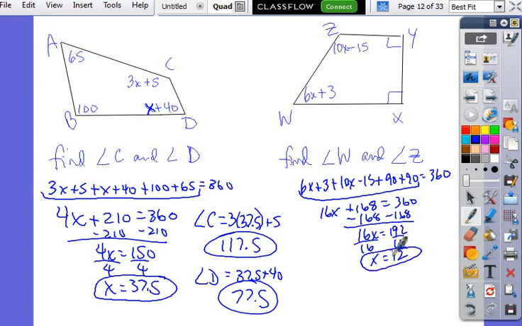So angle W there would be 6 times 12 plus 3. That's 75. Angle Z would be 10 times 12 minus 15, 105. And 105 and 75 is 180, plus the 90 up here is 270, plus the 90 right there is 360. So we know we got it right.